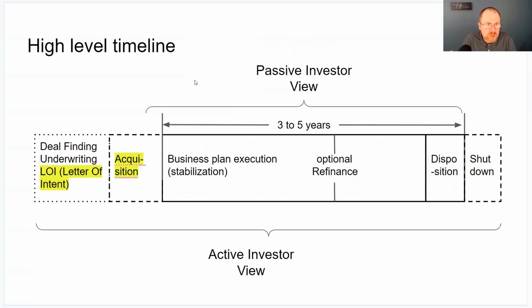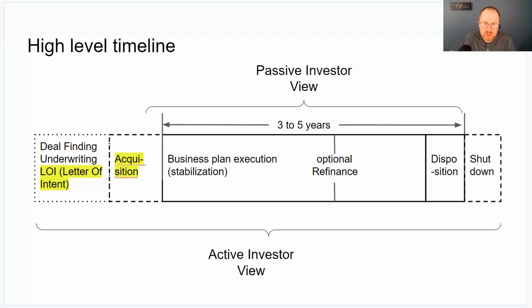I'll start today with the high-level timeline that I used quite a bit, going from the deal finding, underwriting, LOI stage that we'll discuss today to the acquisition stage, more pertaining to the contract negotiation that we'll also discuss today.